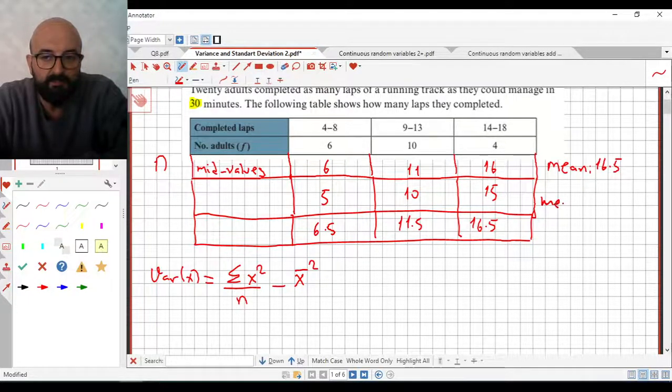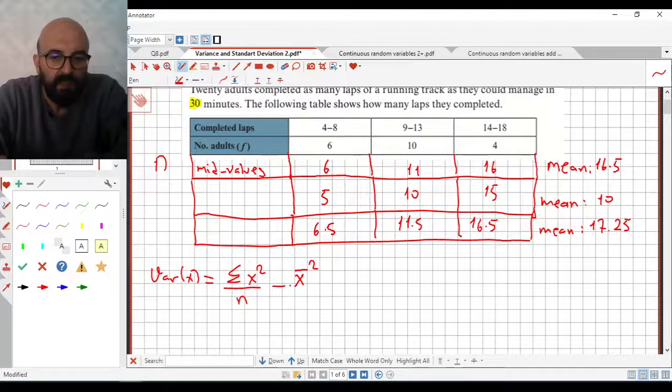And for the second row, the mean is 10, and for the other row, the mean is 18 and 34.